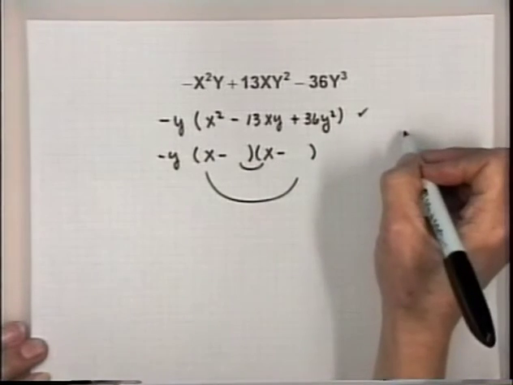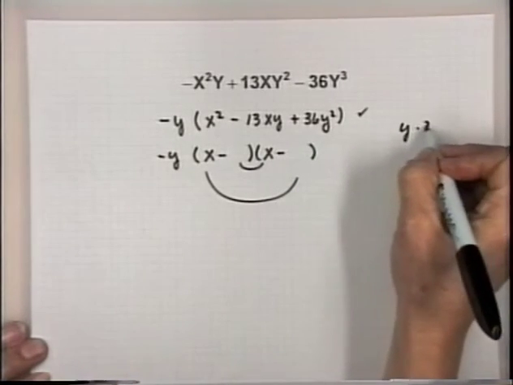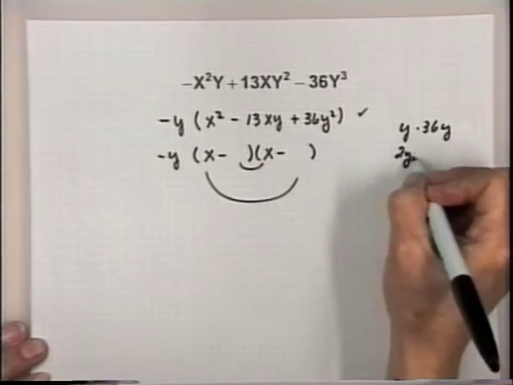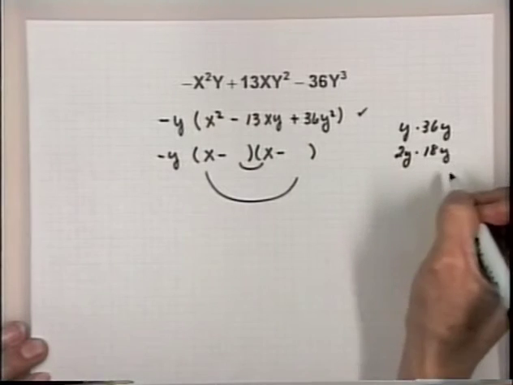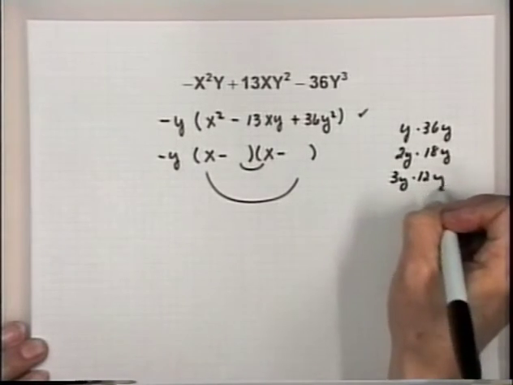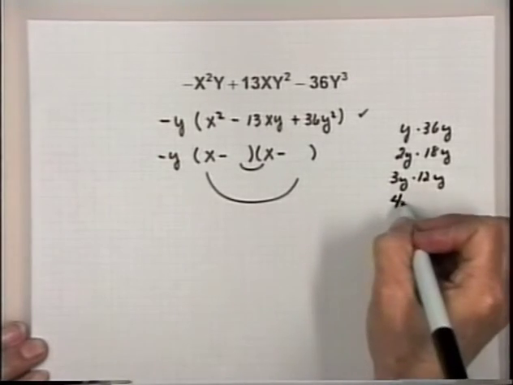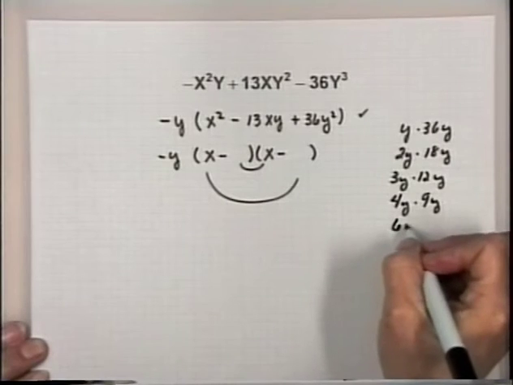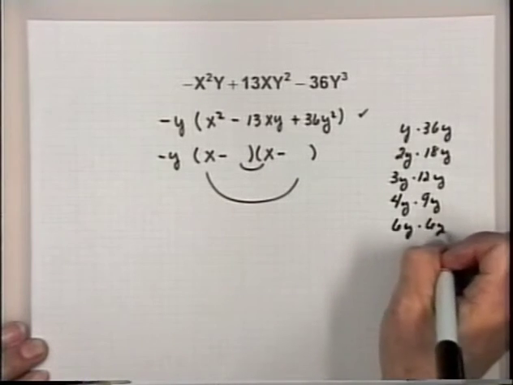Our choices are 1y times 36y, 2y times 18y, 3y times 12y, 4y times 9y, and 6y times 6y.